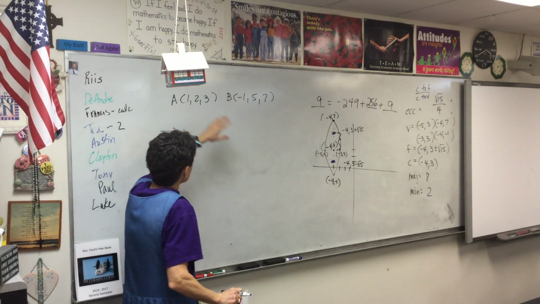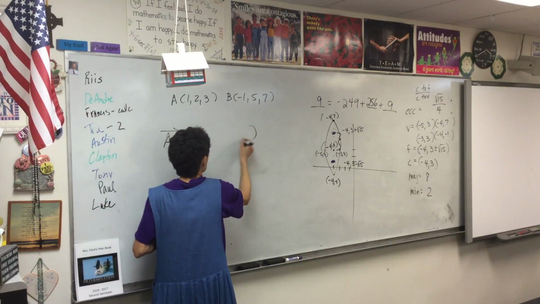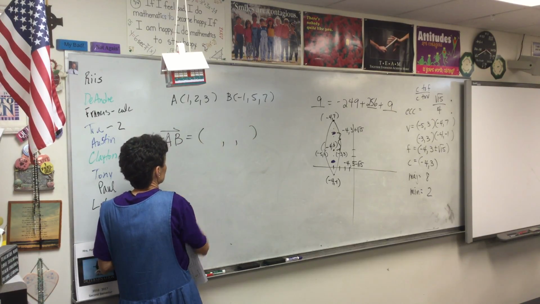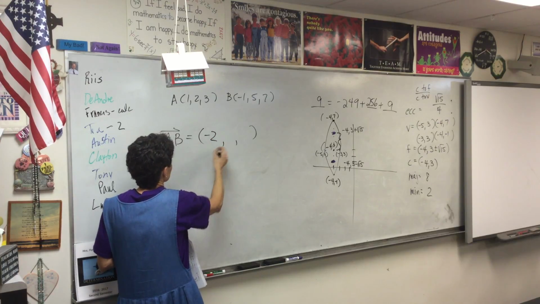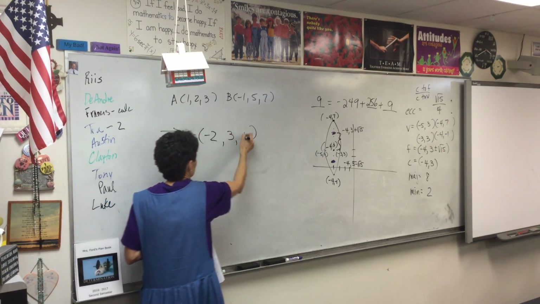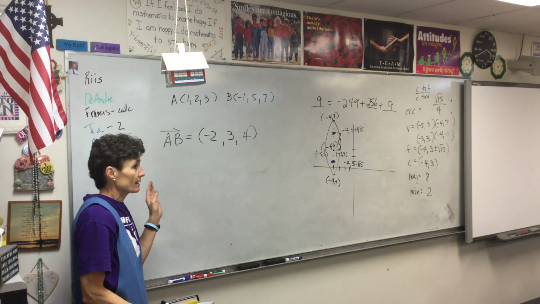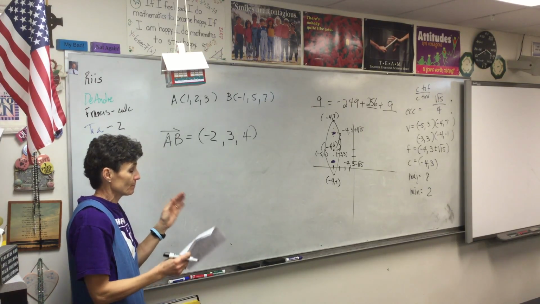You're at A, you're going to B. How do you move? Tell me how you move going from A to B. -2, 3, 4. Done. That's it. 2 seconds. You're done with that problem.